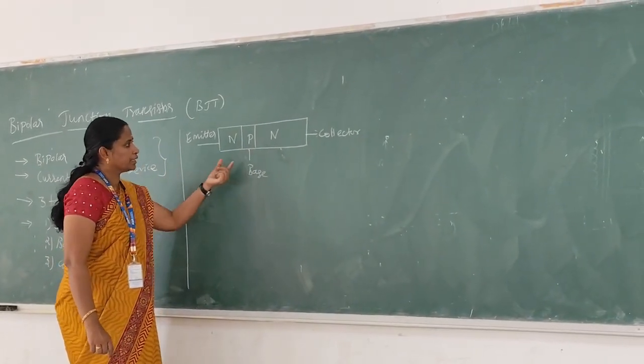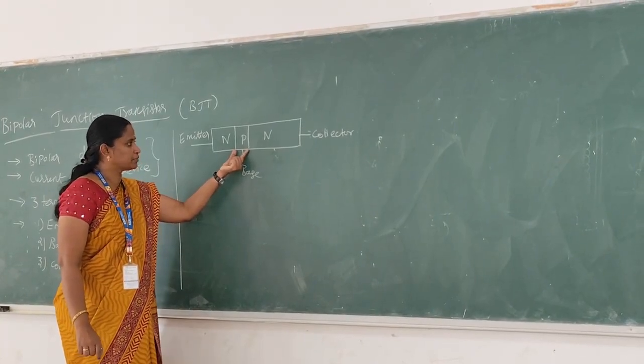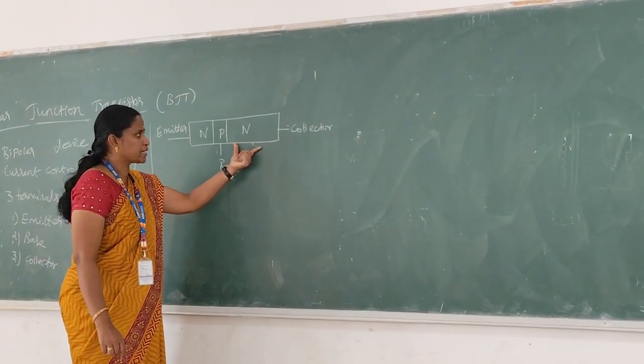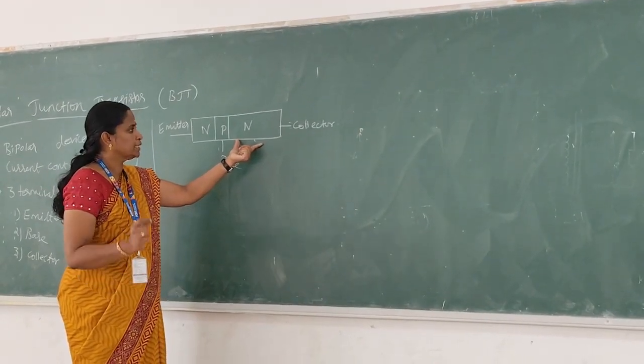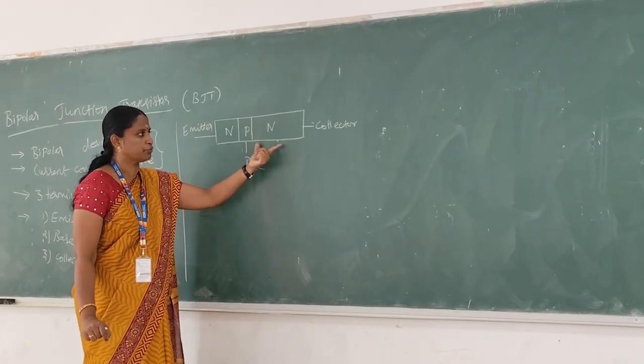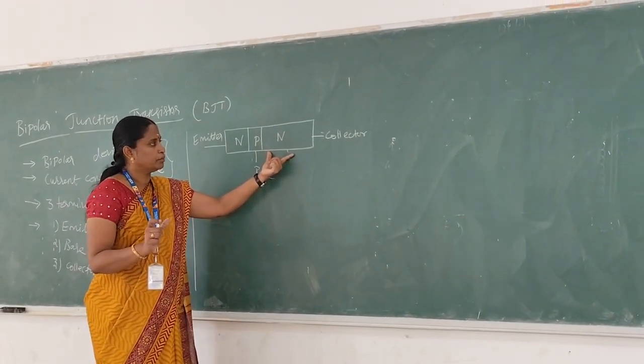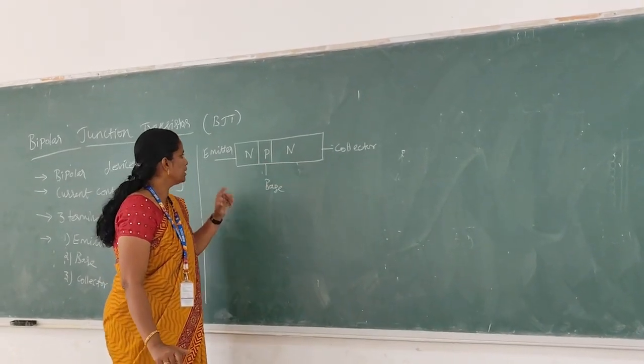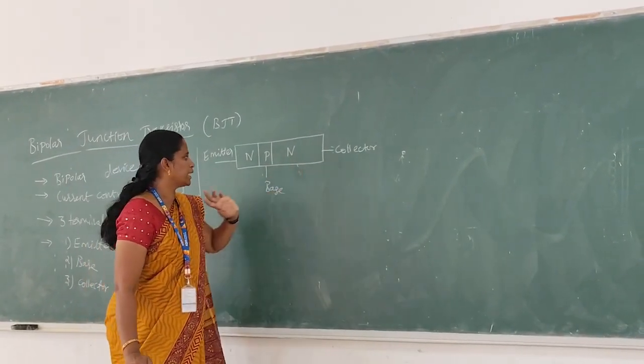Always draw the base terminal very thin and the collector terminal very large, because the heat dissipation will take place across the collector terminal only. So, we have to draw the collector region very large.